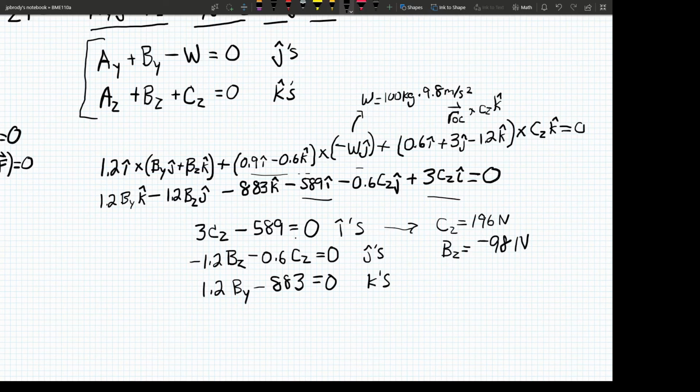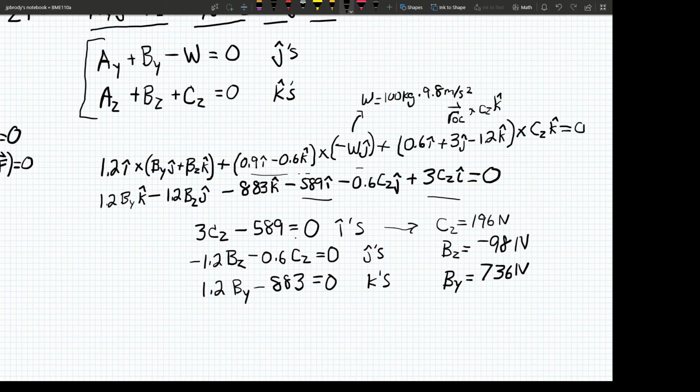Again, I'm rounding things here. And we can solve for b sub y right here. That's 736 newtons. Okay, we've got these three. So we've got c sub z, b sub y, b sub z.